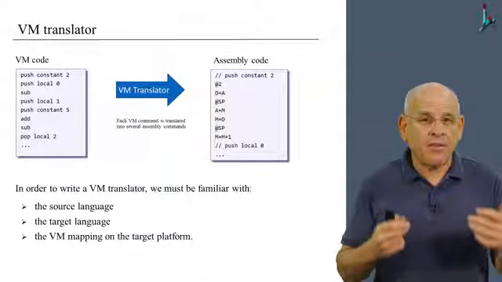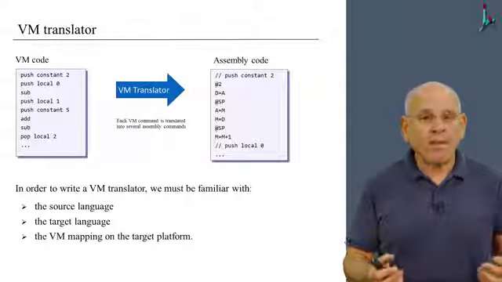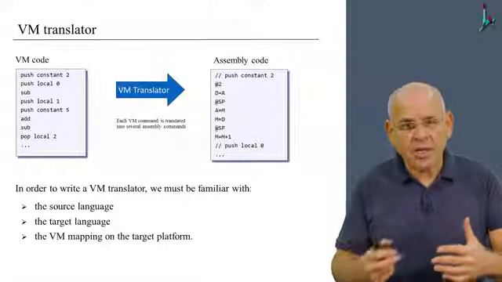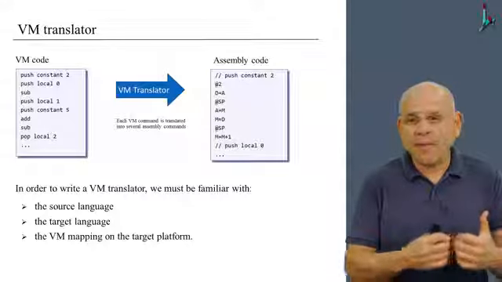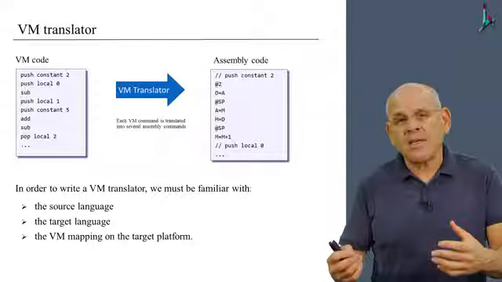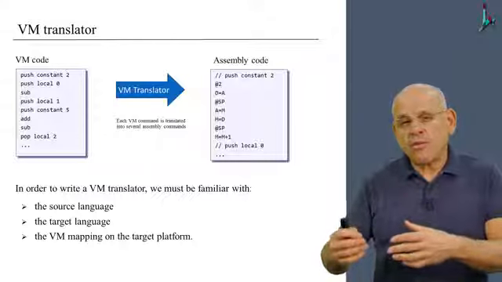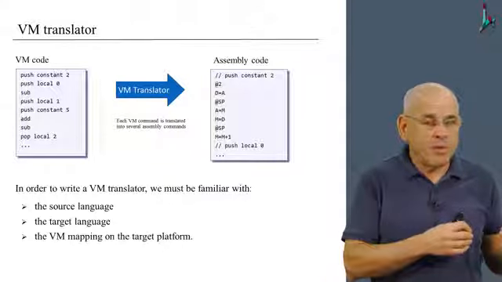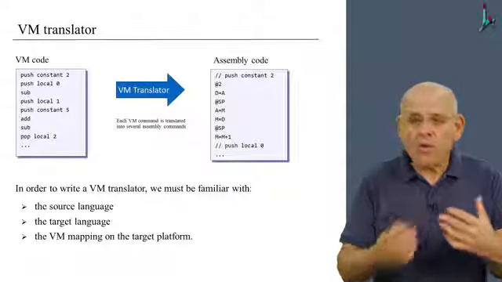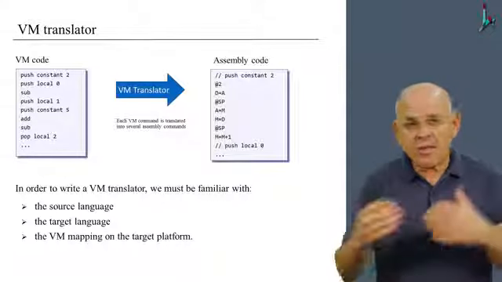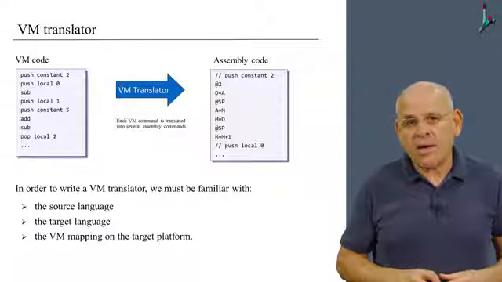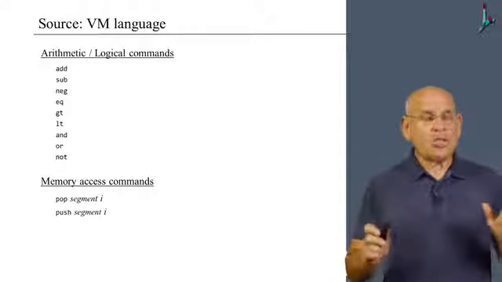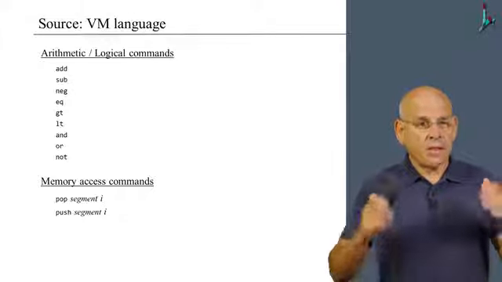Likewise, if you want to write a VM translator, you have to be competent in both the source language and the target language, and you also have to know where to place the various virtual data structures like the stack and the segments on the host computer, and how to translate the high-level commands into assembly commands.